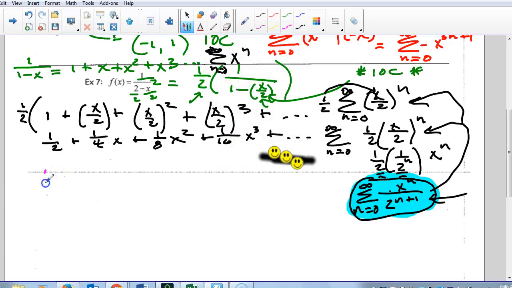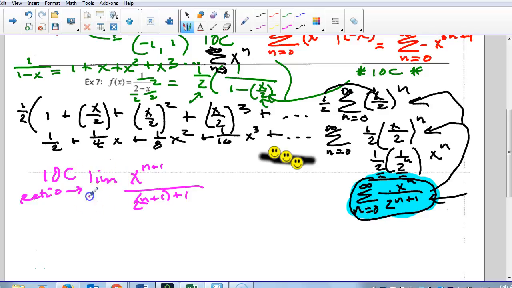My interval of convergence is the ratio test. That's why ratio is your friend. Okay, so I'm going to put n plus 1 everywhere I see an n. Using what I highlighted in blue, I've got 2 to the n plus 1 plus 1. And I am taking the limit.